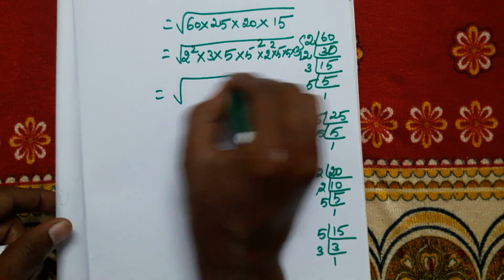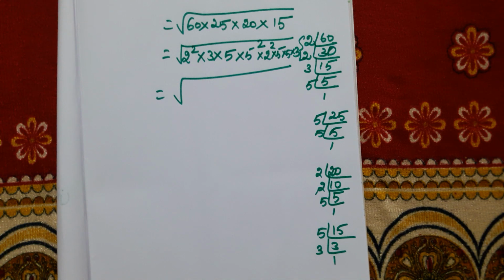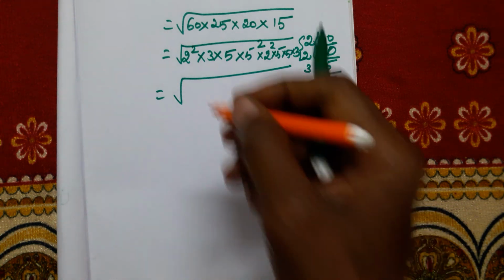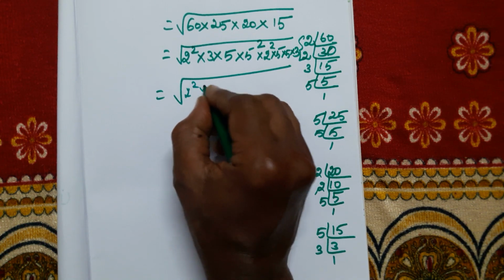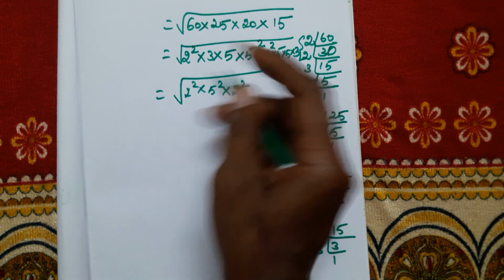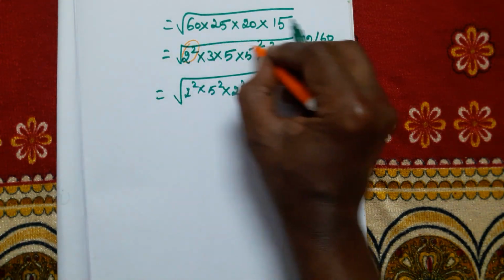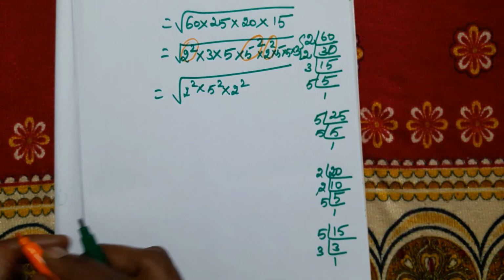So it's equal to, when we are taking the pair numbers together, what are we getting? 2 square, which we had already written. Here 5 square into 2 square.